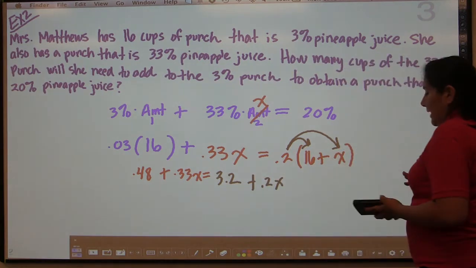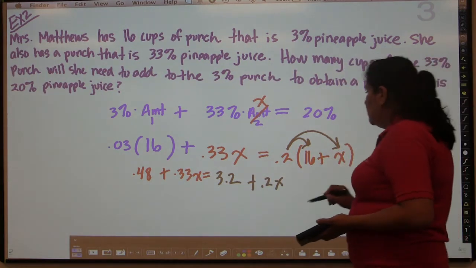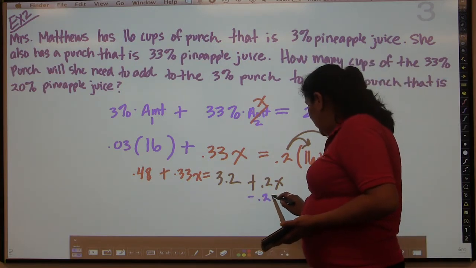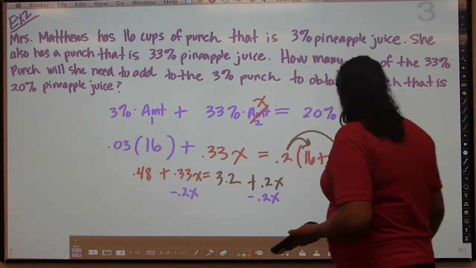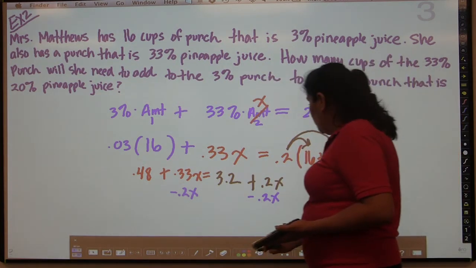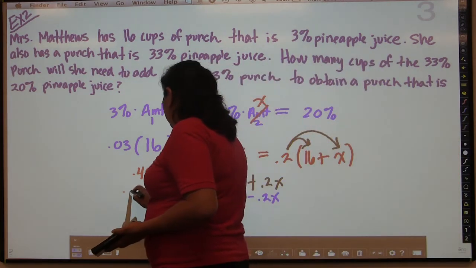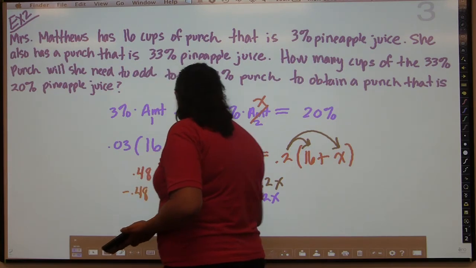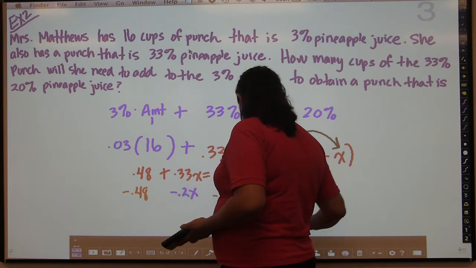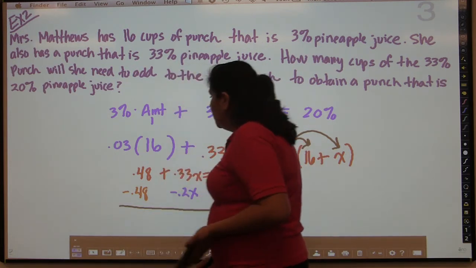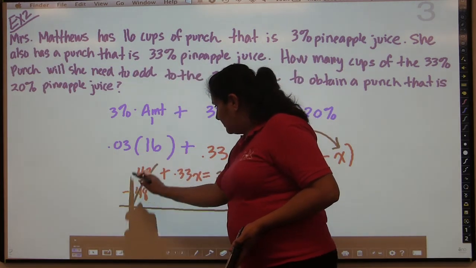Then we want to combine all of our x's and whatnots. So we're going to go minus 0.2x, minus 0.2x. At the same time, we want to get our minus 0.48 over here to this side, minus 0.48. Okay? So the 0.48 minus 0.48, they're going to cancel.